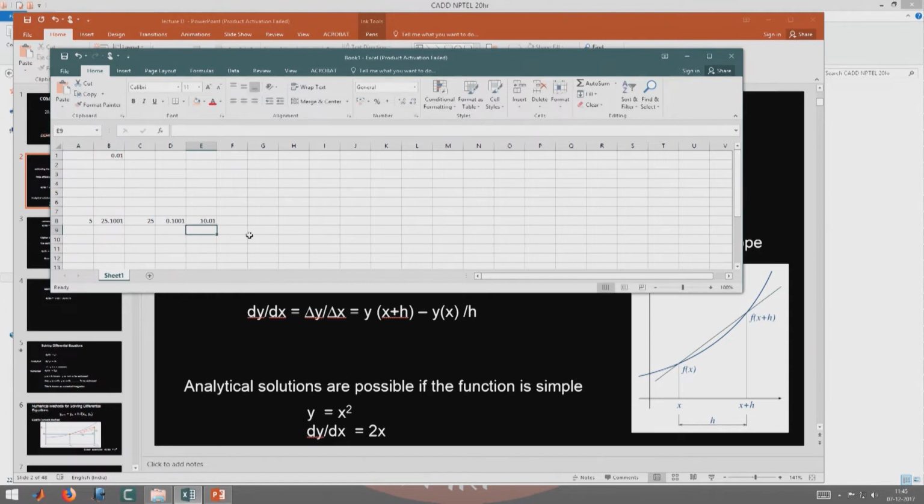So, it comes to 10.01, whereas if you take y is equal to x square, and dy by dx is equal to 2x, at x is equal to 5, the answer will come out to be 10. This is the exact value. This is numerical differentiation. Do you understand this?